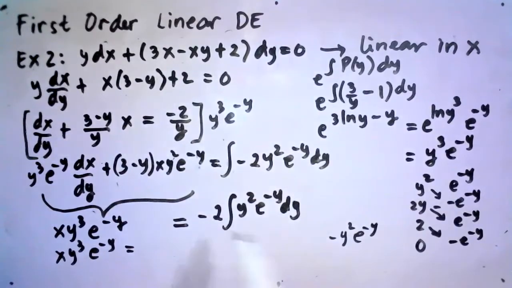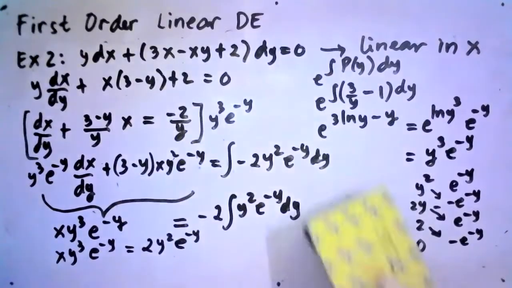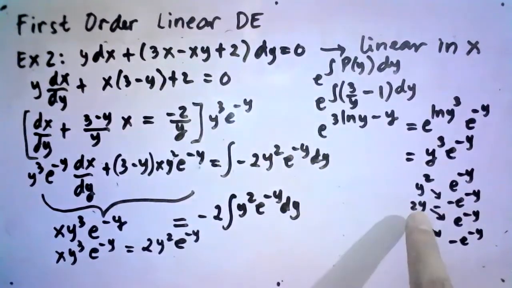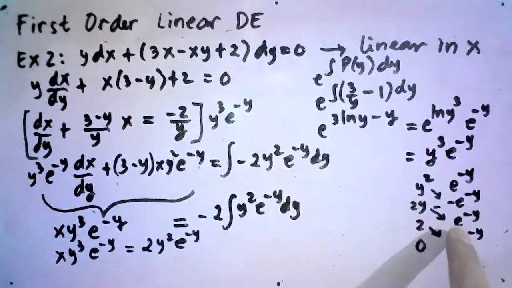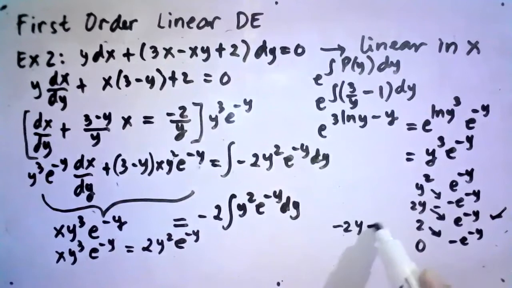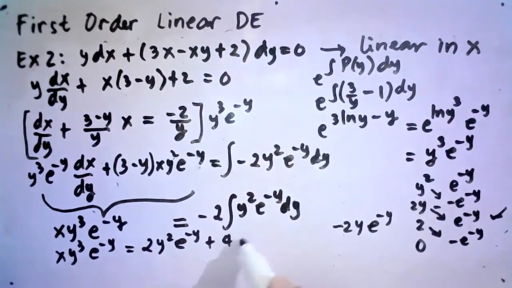Times negative 2, that becomes positive 2. You have here 2y squared e negative y. That is the result for this part. Then next, for this part, 2y times negative e negative y is equivalent to negative 2y e negative y. And this negative 2y times negative 2 becomes positive 4y e negative y.